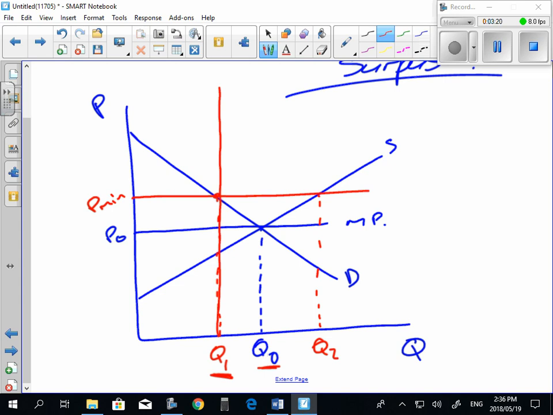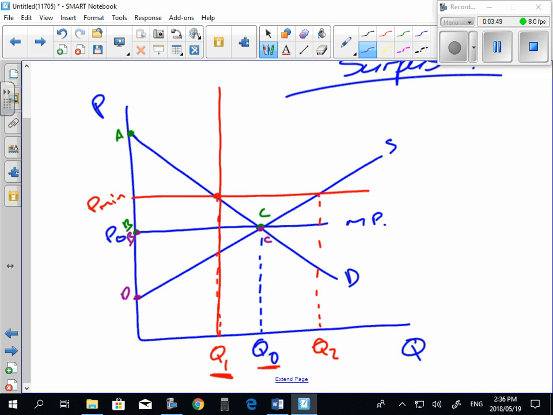Now, how does that affect your producer and consumer surplus? Our original consumer surplus was A, B, C, that triangle. Our original producer surplus was B, C, D. Do you agree? But now what happens with our price intervention?